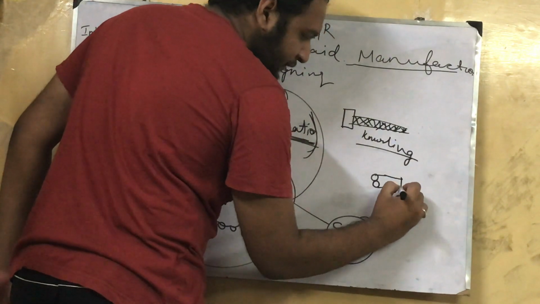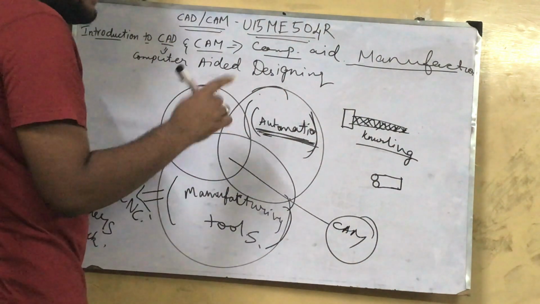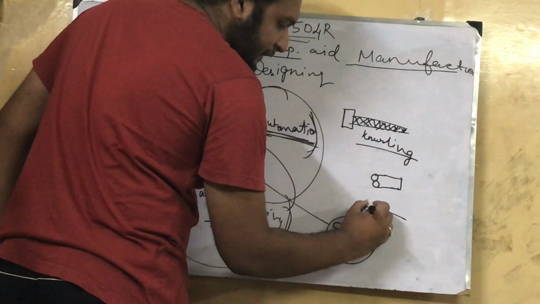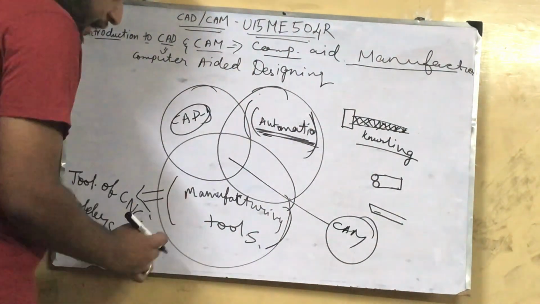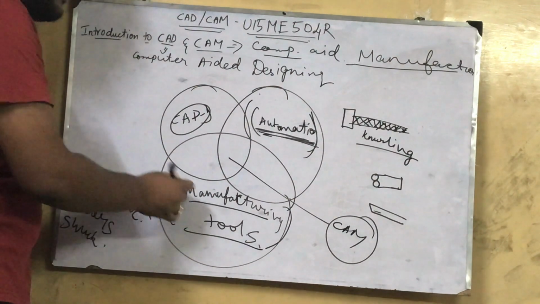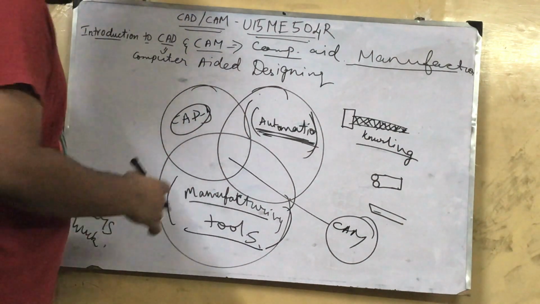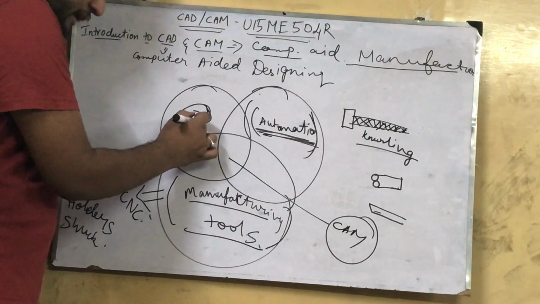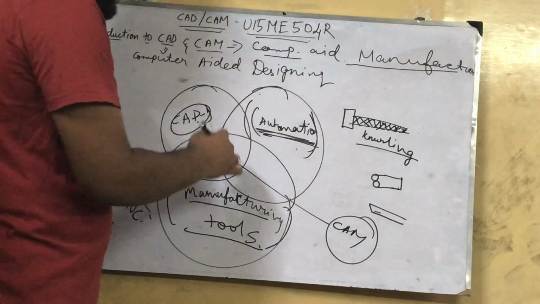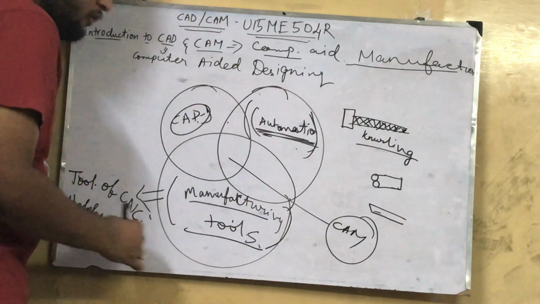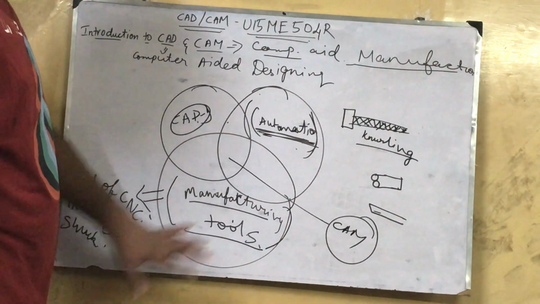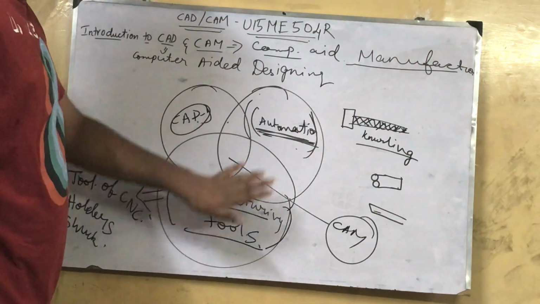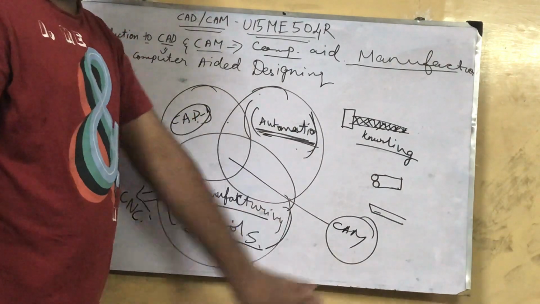It is approximately like this. But I cannot do it with a normal single point cutting tool, which is not possible at all. That's where the manufacturing tools are required. So computer aided design, the automation for that, and the materials required to make this CAM fulfilled, that is nothing but the manufacturing tools. These are the three key concepts required for CAM to be fulfilled.